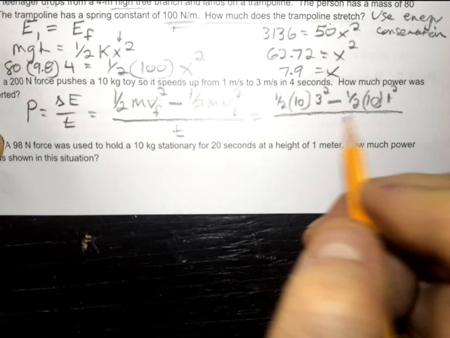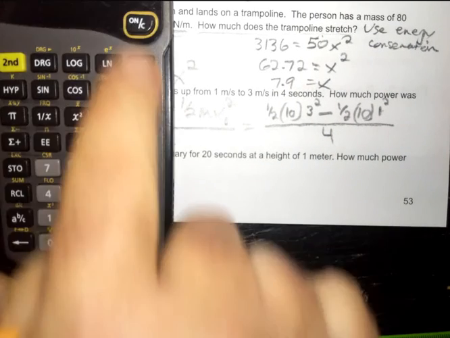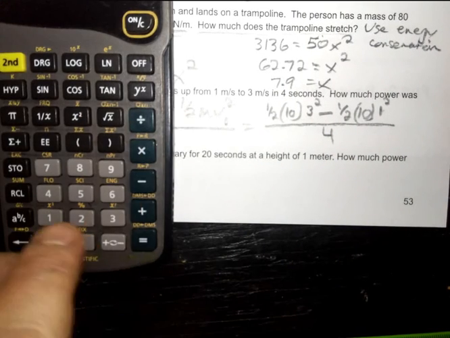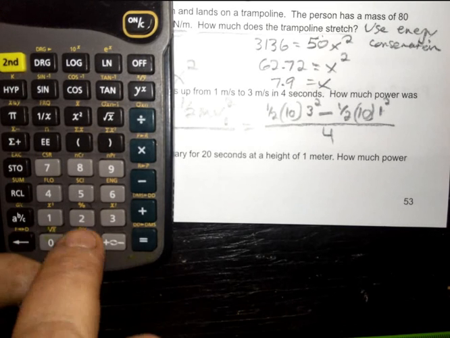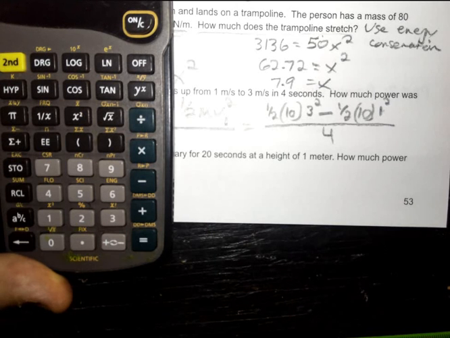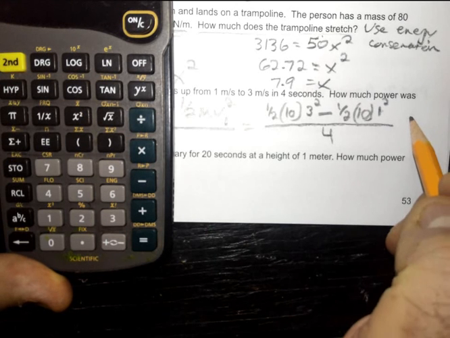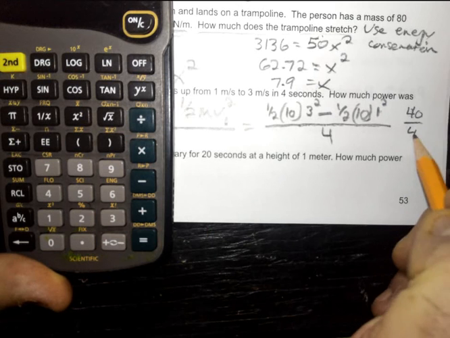And we divide that by the time of 4 seconds. 1/2 times 10 times 3 squared minus 1/2 times 10 times 1 squared equals 40. Divided by 4 is 10.